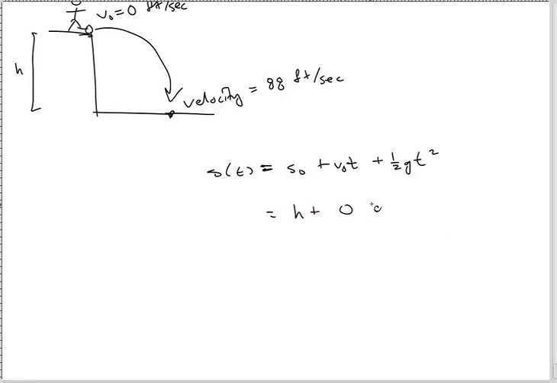I definitely start with a 0 velocity. And this is a negative. Gravity's making it go down. So negative 1/2 times 32 that you put in here. And then t squared. And my final position... Oh, actually, it should be a 0, right, because this is 0 right here. Okay, yeah, that's great.